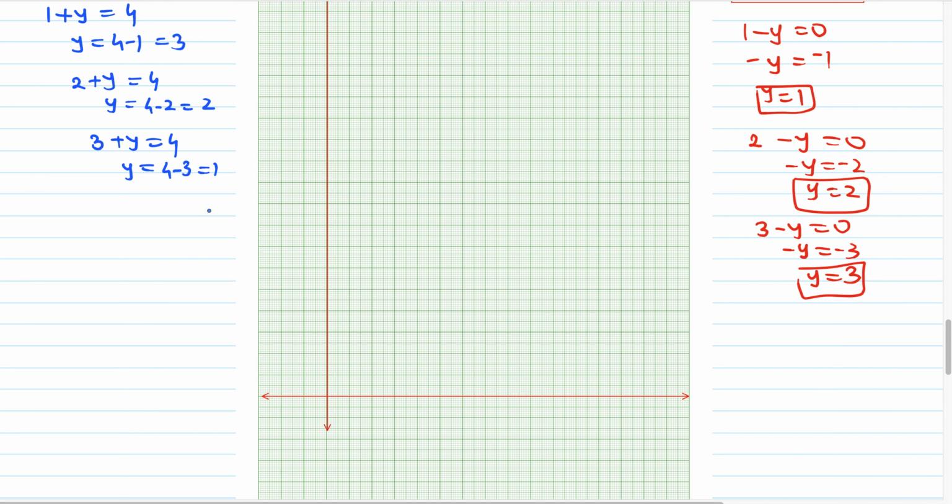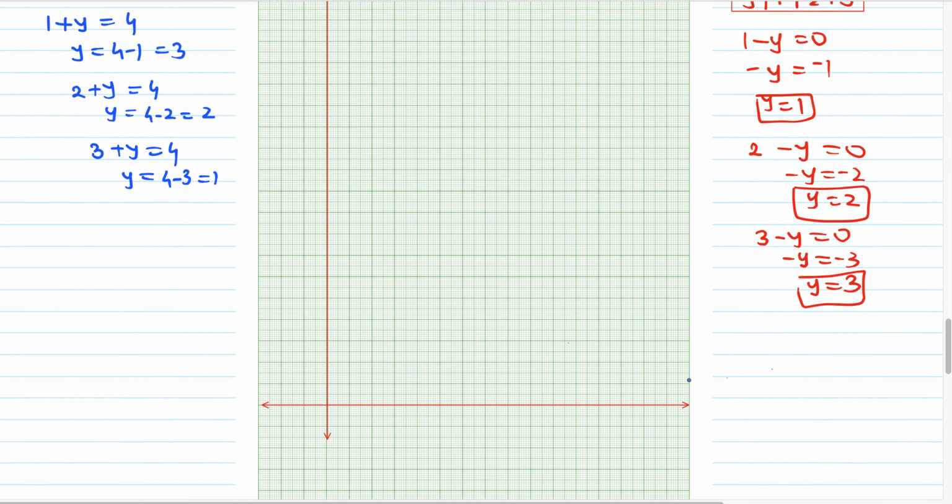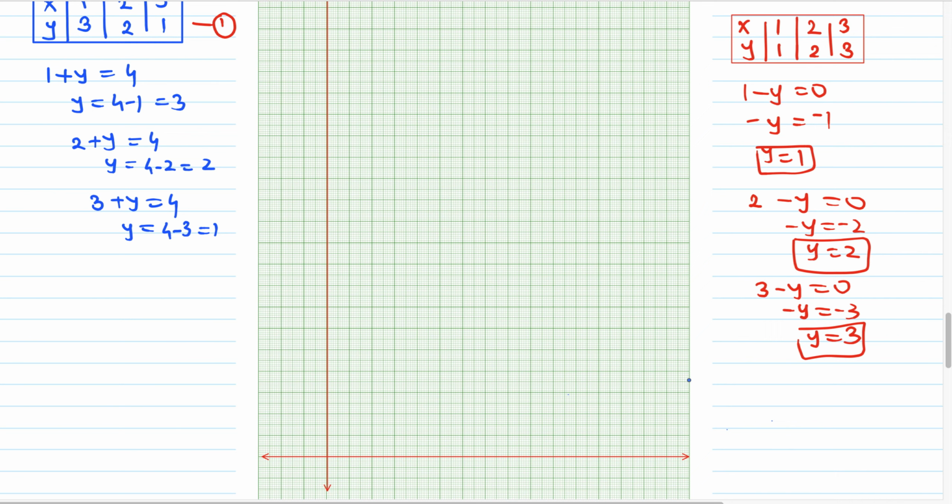Okay, so now let us make this the x-axis and this is the y-axis, correct? That is fine now. Okay, so now let us make the points.